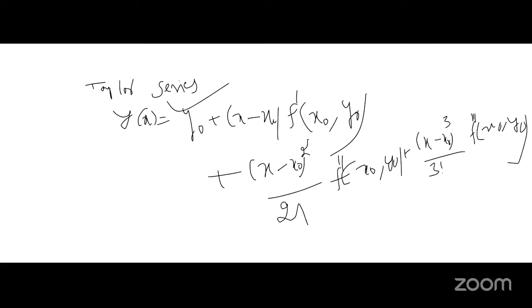And what is Euler's method? y n plus 1 equal to y n plus h into f of x n, y n.